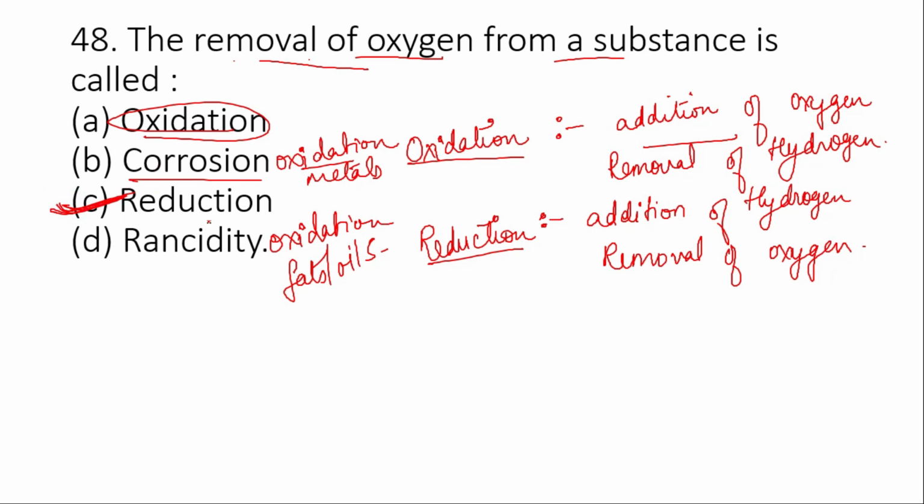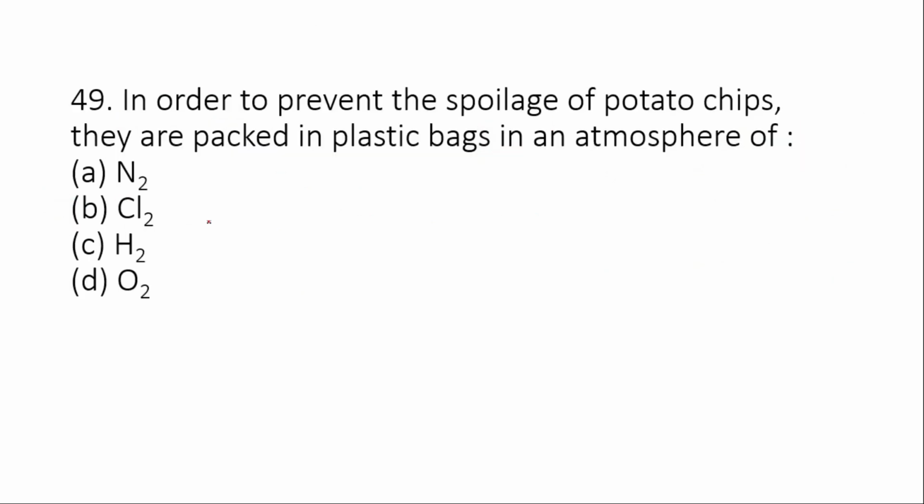Now moving to the next question: in order to prevent the spoilage of potato chips, they are packed in plastic bags in an atmosphere of... We all know that this is an industrial process in which we package the food items in a nitrogen atmosphere, ठीक है. Suppose this is a chips का packet, and you will find that it is blown up, right?